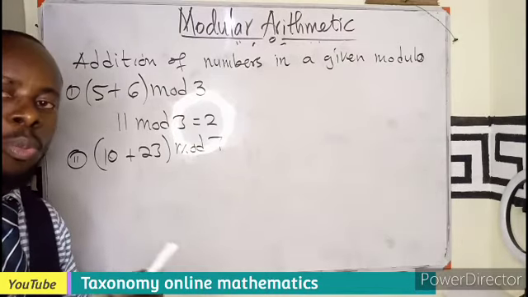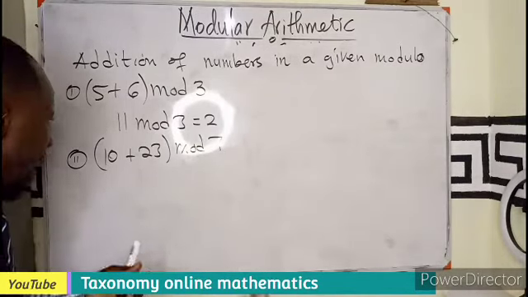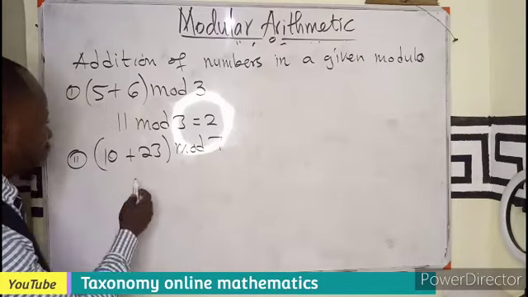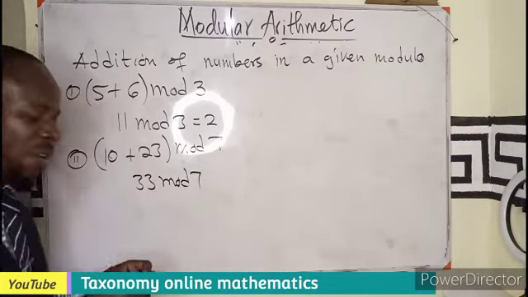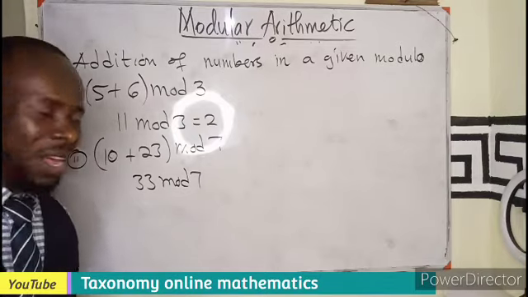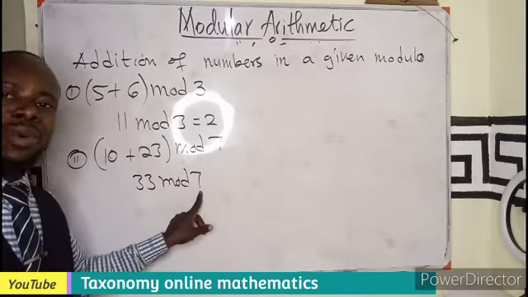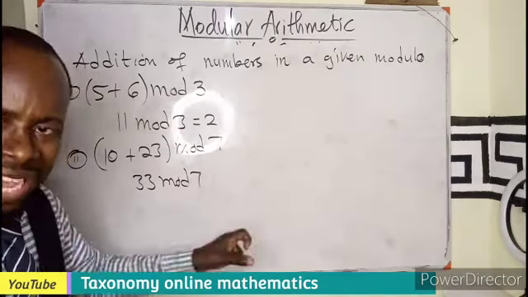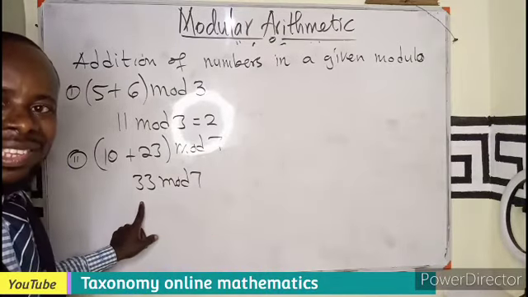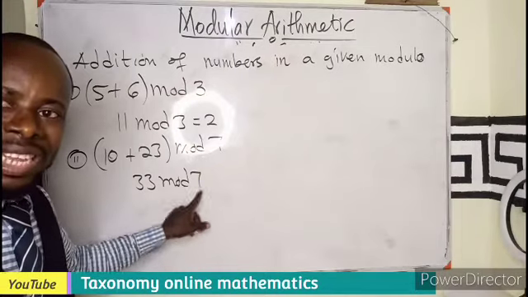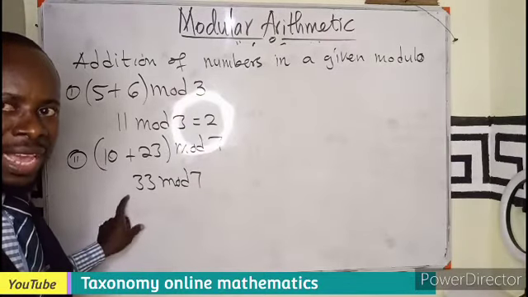Obviously, we perform the operations as we know. So 10 plus 23 gives us 33. Then mod 7. So now I ask myself, 33 divided by 7. What do I get? I know 7, 4, 28. 7, 5, 35, which is more than my number.